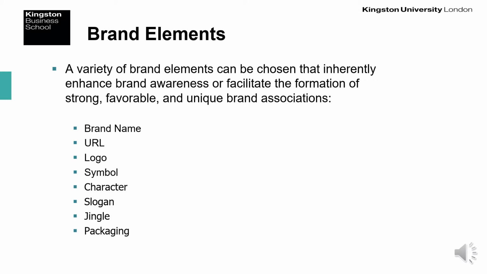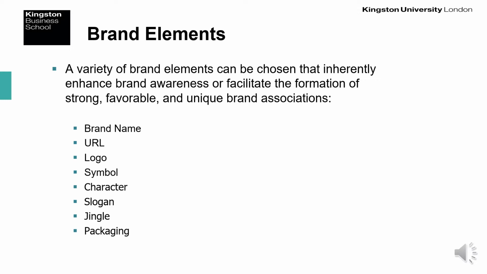So on this slide, you can see the list of brand elements that are available to brand managers when they want to construct a brand. Obviously, there's a name. That's the fundamental starting point to identify the product or service and to differentiate it from others in the market.